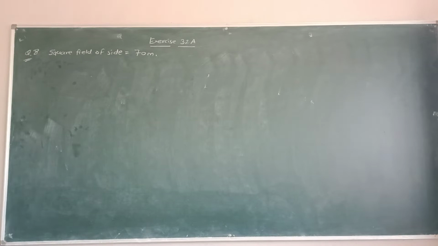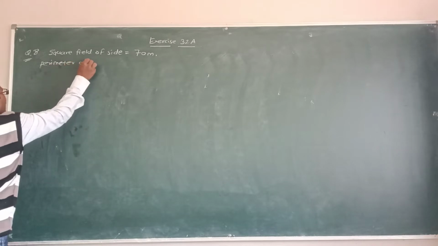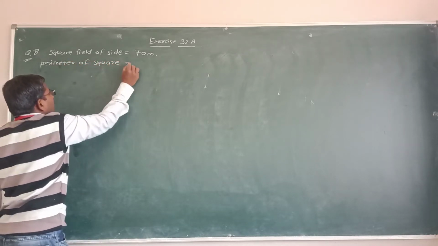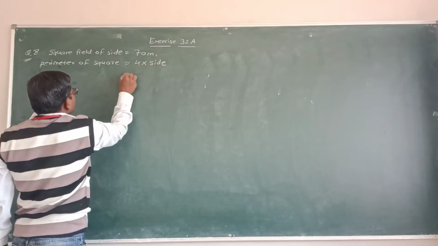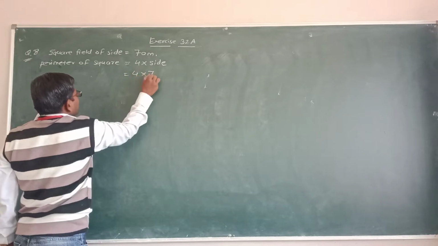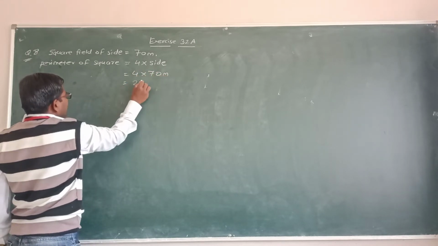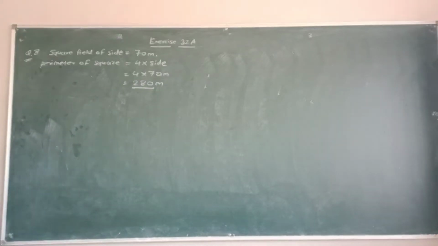Then perimeter of a square is equal to 4 multiplied by side, is equal to 4 multiplied by 70 meter. Then 4 7s are 28, 280 meter. This is the perimeter of the square field.